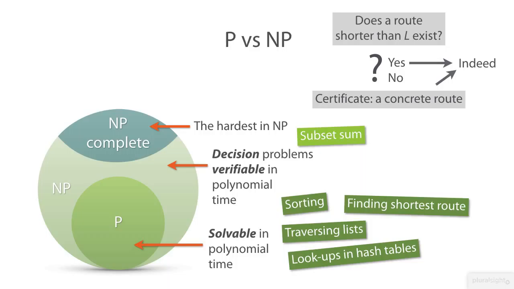If we are provided with a concrete subset, we can sum its numbers, and if the sum is indeed 0, we have made a verification. To get a feeling about the complexity, you could try to implement an algorithm that solves the problem and experiment with how the execution time grows when the number of integers grows.